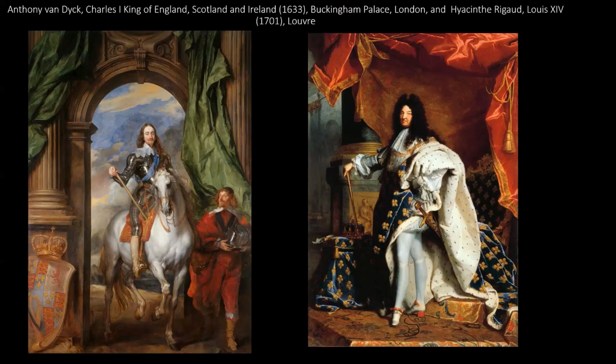Look at these two. These are two absolutely enormous pictures. Louis XIV measures 2.77 meters by 1.94 meters, and Charles I measures 3.68 meters by 2.7 meters. This means that the person viewing the portrait is always positioned down on the ground, looking up at the monarch.